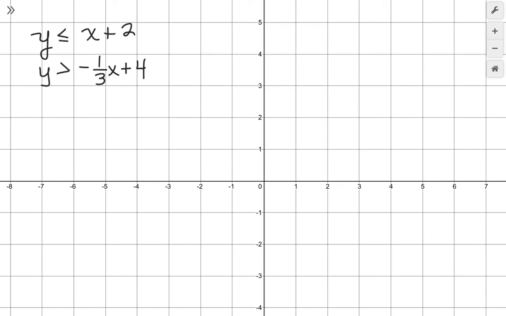So first inequality, y is less than or equal to x plus 2. So y-intercept of 2, we have a slope of 1. The fact that it's less than or equal to tells me that I need a solid line. So the solid line goes this way.